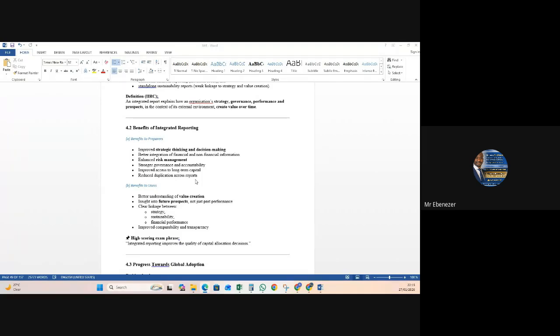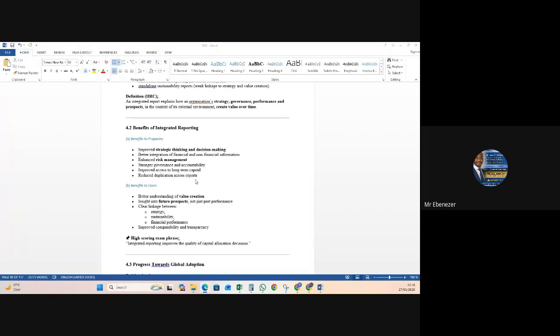Then also to integrate your financial and non-financial information together, to bring them into a single account.